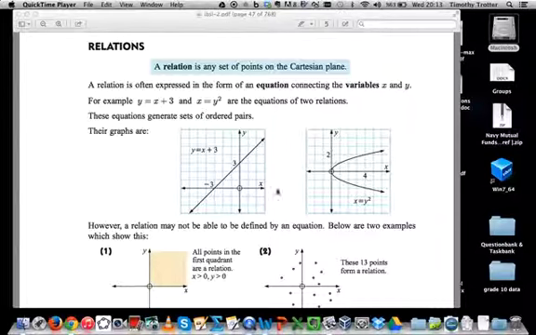As opposed to this. So here is an example of a function, and over here is an example of a relation that is not a function, because if I chose a number for x like 4, I have two outputs for y. It can be positive or negative 2, because there are two options for my one input. Two things are coming out from my one input, so that is not a function.